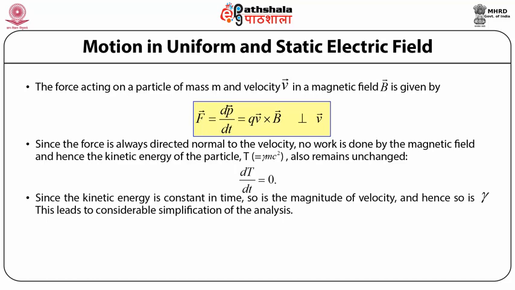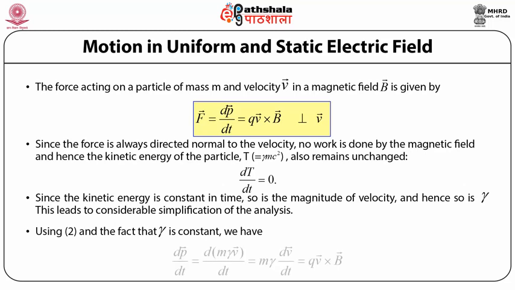Since the kinetic energy is constant in time, so is the magnitude of velocity, and hence so is gamma. This leads to considerable simplification of the analysis. So here we can see that gamma remains unchanged.